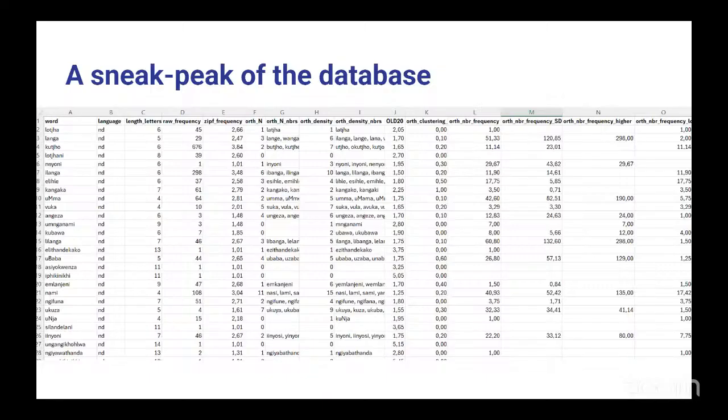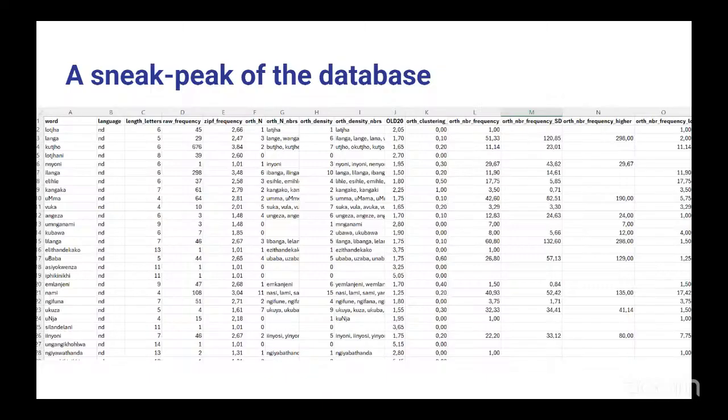That's a standardized or normalized measure of frequency per million words, log transformed, with some crazy maths involved. But then the rest of these are all neighborhood effect variables, which we need to sort through.